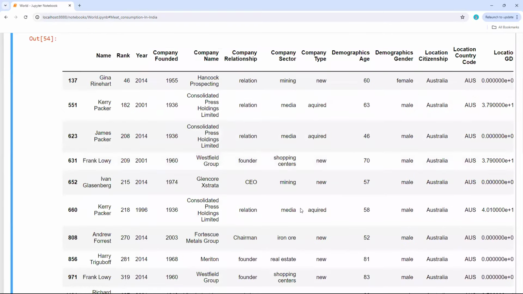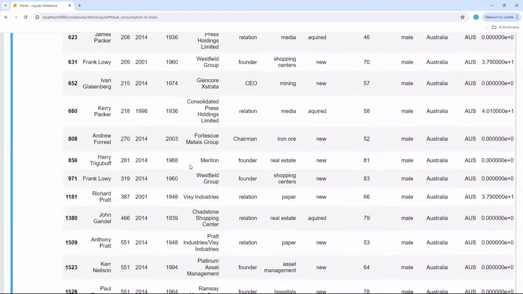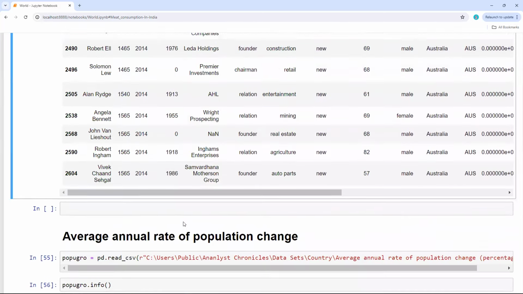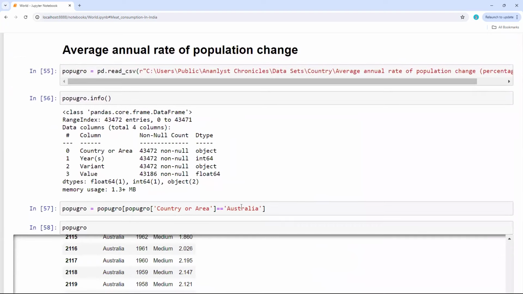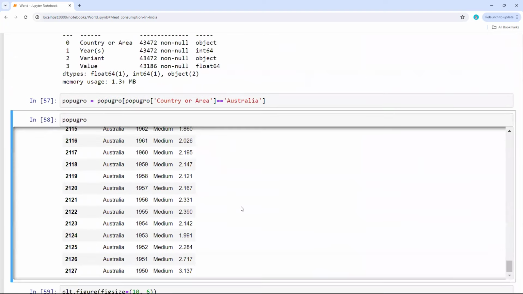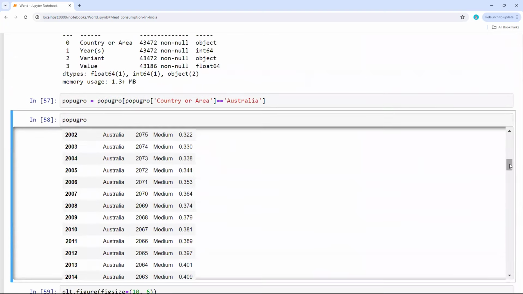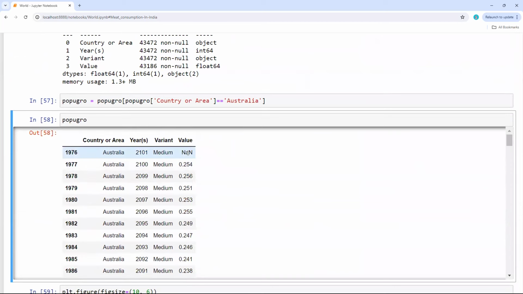So let's look at the total annual rate of population change in Australia. If you look at the year-on-year population change, let me give a head.